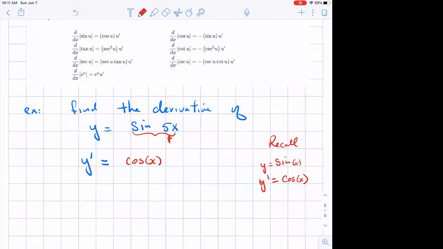But because here we have, and that's what this is saying here, the one for sine, you have to take the derivative now of 5x. So the derivative of 5x is 5. Okay, I'm applying this formula here. The u here would have been 5x.